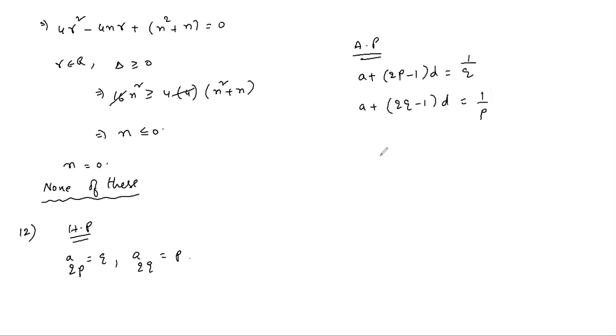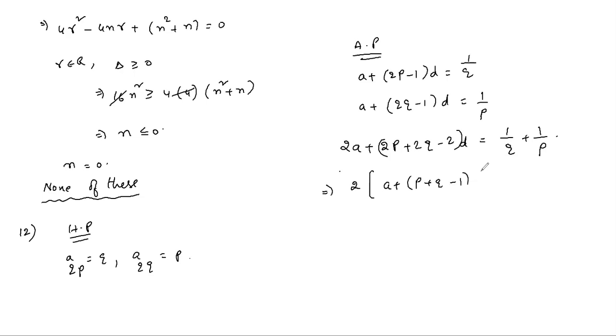So now we have to find the (2p plus 2q)th term. We add the two, directly we'll get: a plus a, 2a, plus (2p plus 2q minus 2) into d equals 1 by q plus 1 by p. So it is 2 common: a plus (p plus q minus 1) into d equals (p plus q) by pq.